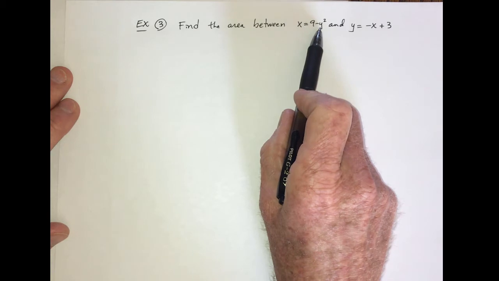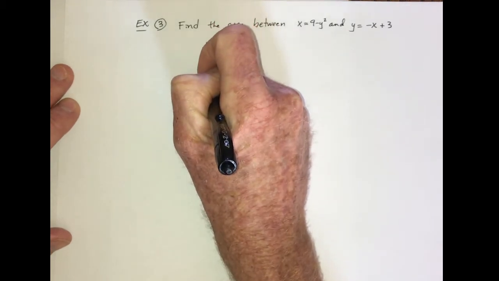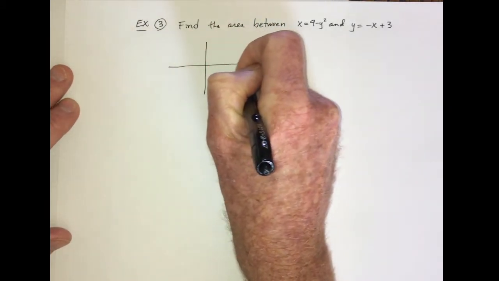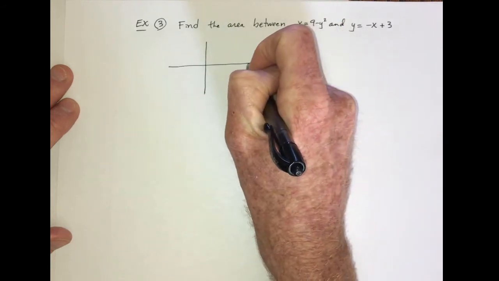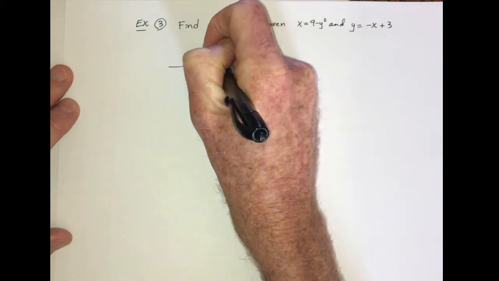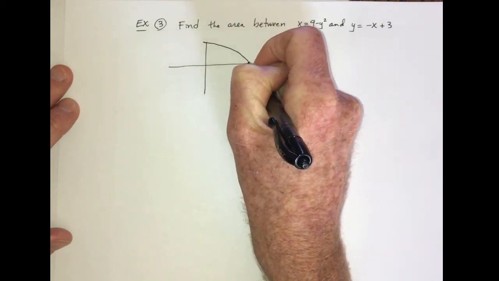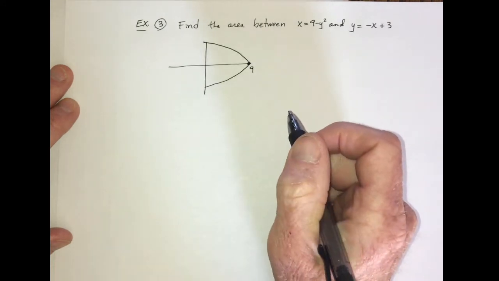And because the y is squared, it's opening to the left or to the right. With this being a negative, it's opening to the left. And because of this 9, that means x is going to equal 9. And then it opens to the left. So this is the parabola.